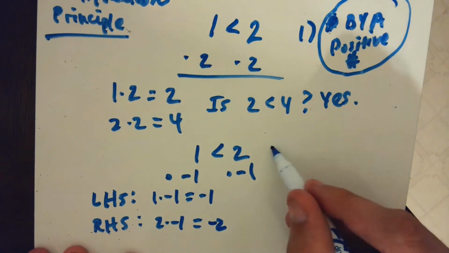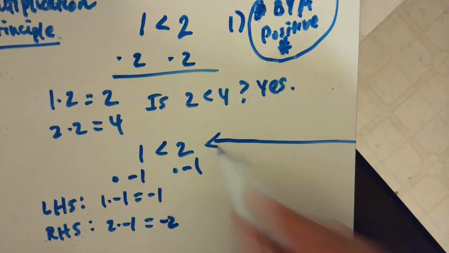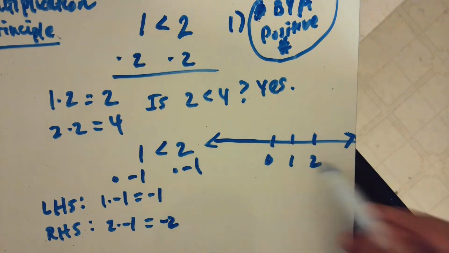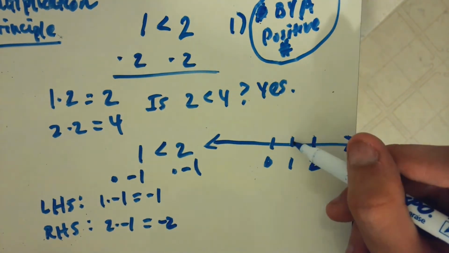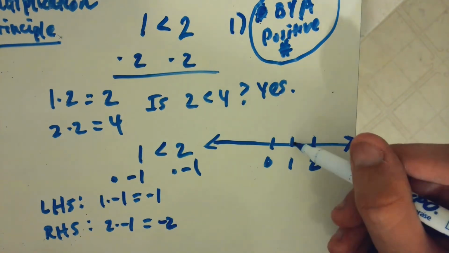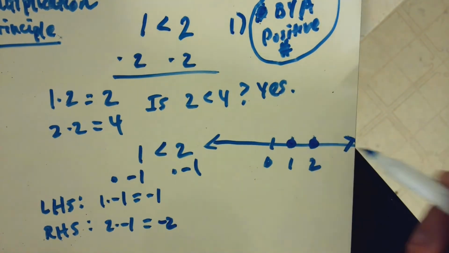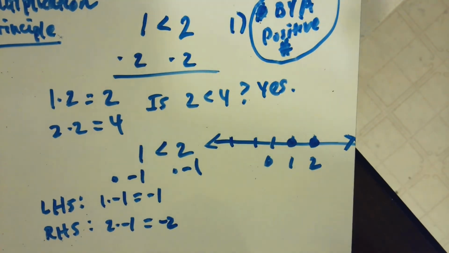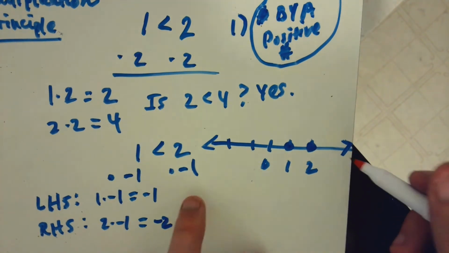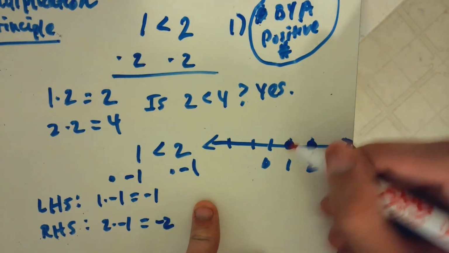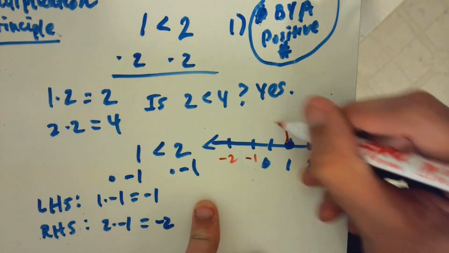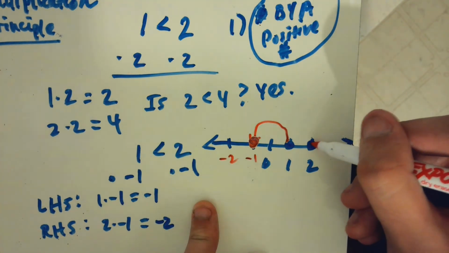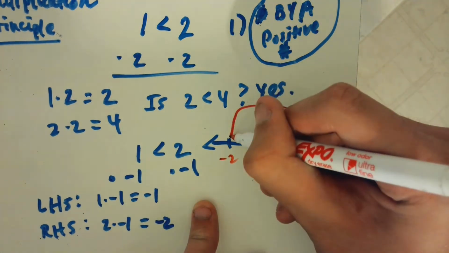All right, so I'll picture this with the number line. We started off here, so here's 0, 1, 2. So we had that 1 was less than 2. We knew that to be the case, right? So we had this dot was less than this dot. And then, watch what happens. After we multiply by negative 1, multiplying by negative 1 takes 1 and takes it to negative 1, and multiplying by negative 1 takes 2 and brings it to negative 2.